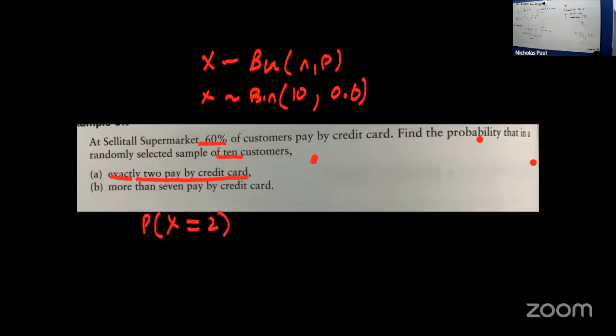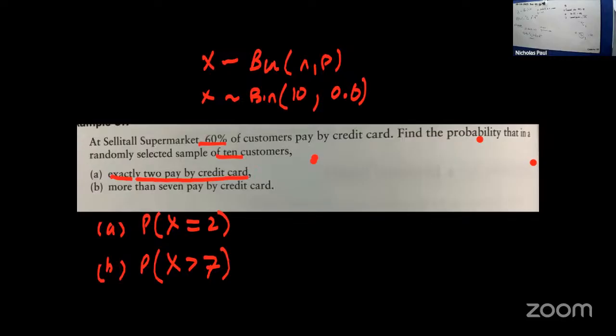But Joseph, help me with the next one now. Find the probability that X is more than 7. Not more than or equal to, more than 7. So how are you going to work out more than?